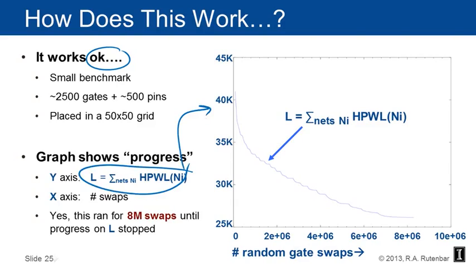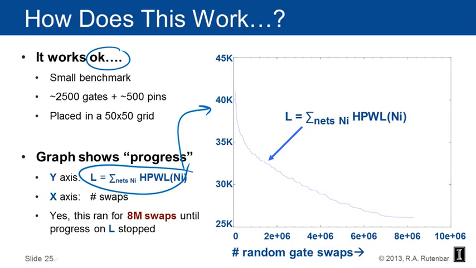And there's basically a blue curve that has a nice sort of exponential kind of fall off. It starts up around, call it 42,000, and it falls off to something that looks to be maybe 26 or 27,000 in the total wire length. So, that's a pretty significant improvement. And you can see that it falls really fast at the start because you started with a bad random placement and everything you do is useful. And then, as you start to go out there, most of the swaps you try are unsuccessful because they make the placement worse.